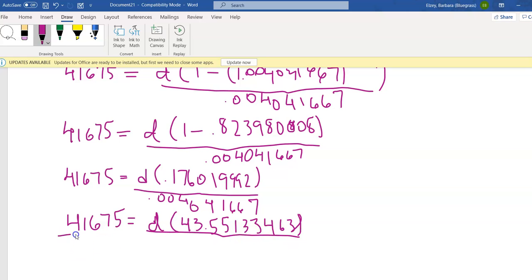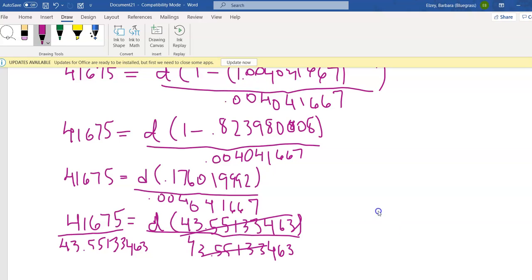So we're going to divide both sides by 43.55133463. So that will go away, and we'll get D equals whatever this turns out to be. $956.92.